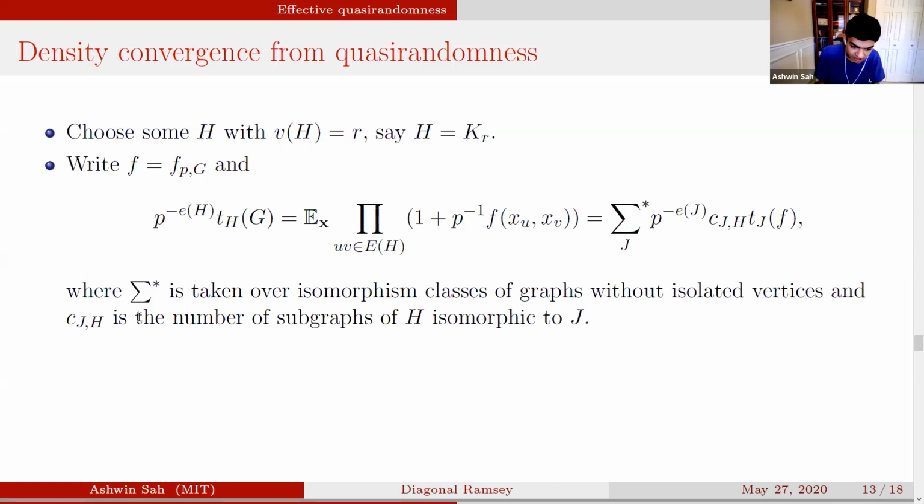C_J^H is the number of subgraphs of H that are isomorphic to J. So with this edge density, J equals K2, this is just a factor of E of H. And similarly for every possible structure of different Fs that I'm multiplying together.